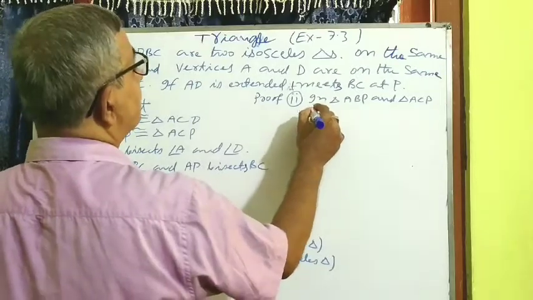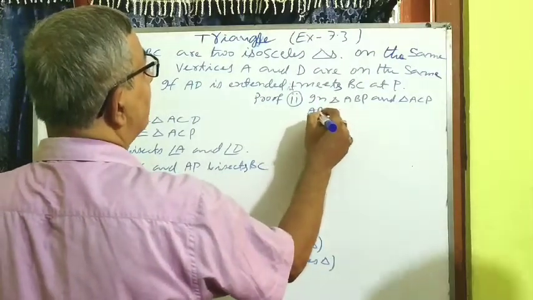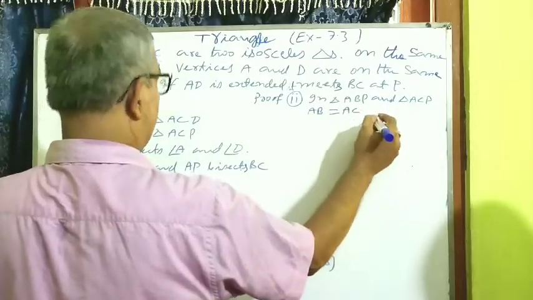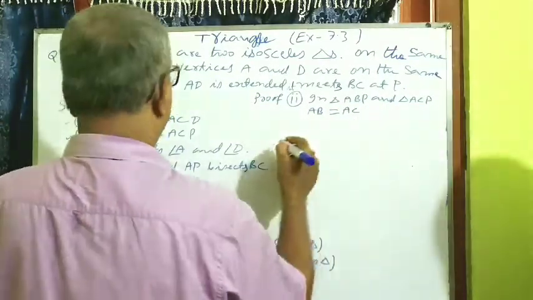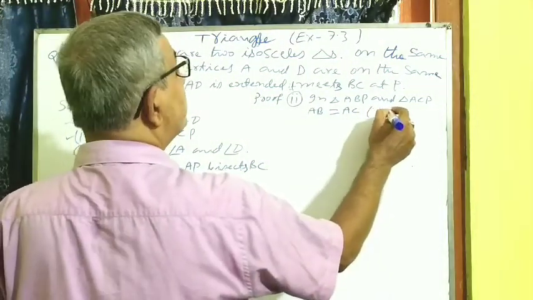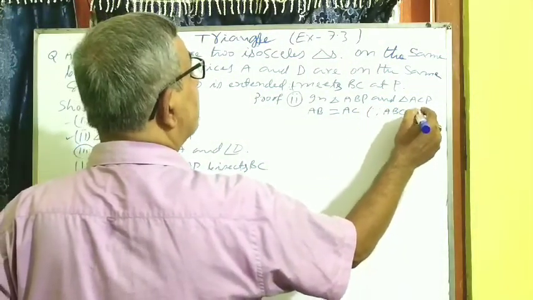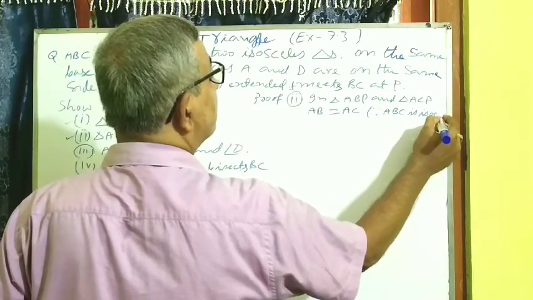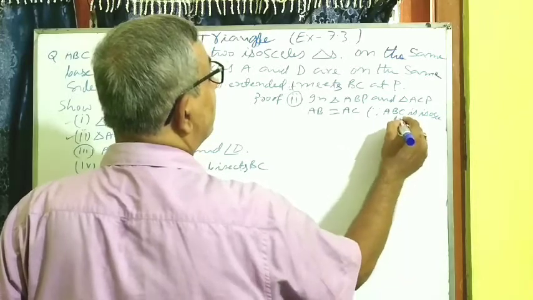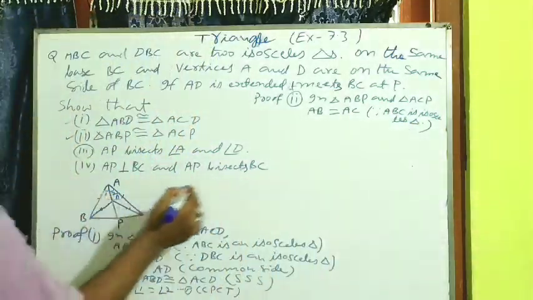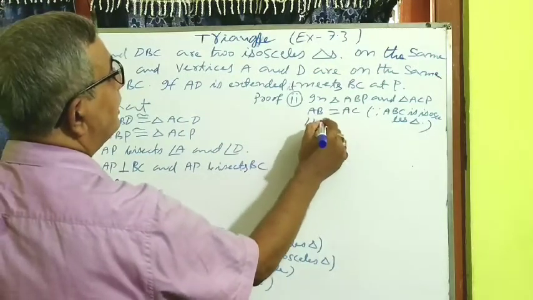AB is equal to AC. Since, again I am writing, since ABC is an isosceles triangle. Okay. Now angle 1 is equal to angle 2.